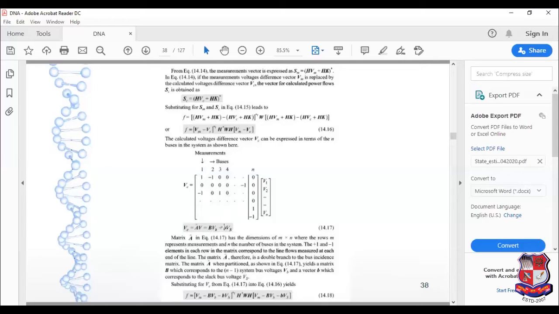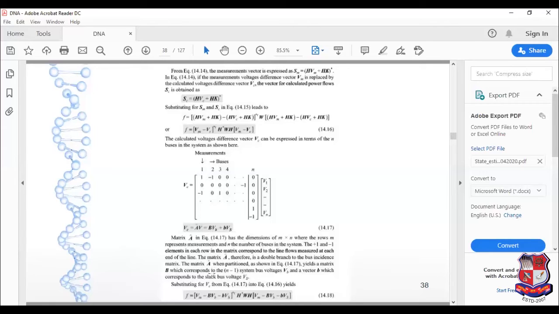Small b is the column of the bus which is treated as the slack bus, capital B is the rest of the incidence matrix except small b, Vb is the bus voltage, and Vs is the magnitude of the slack bus. So this way we can separate our A into two components, capital B and small b.